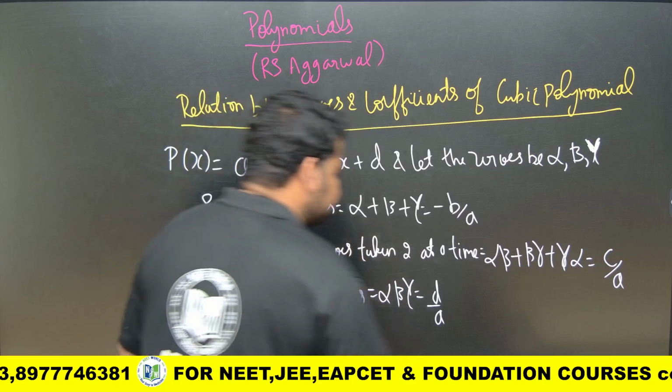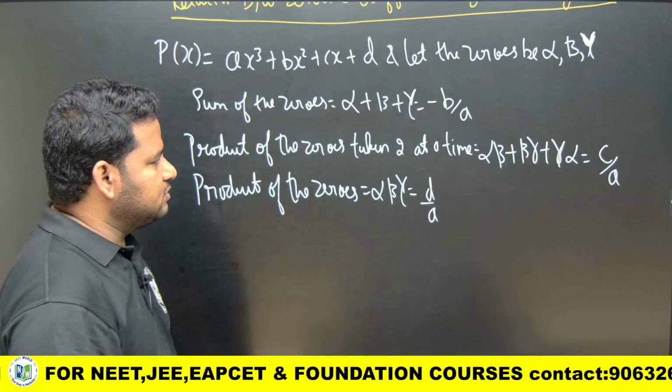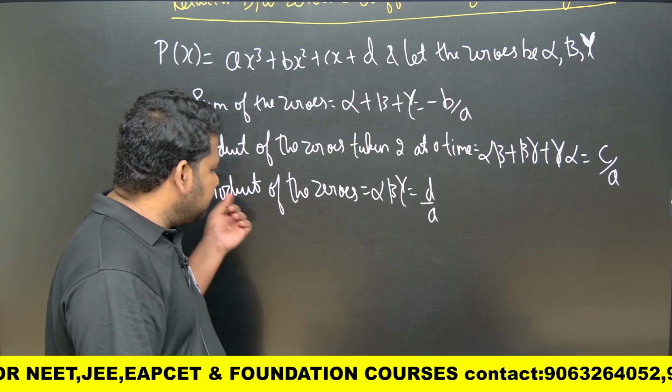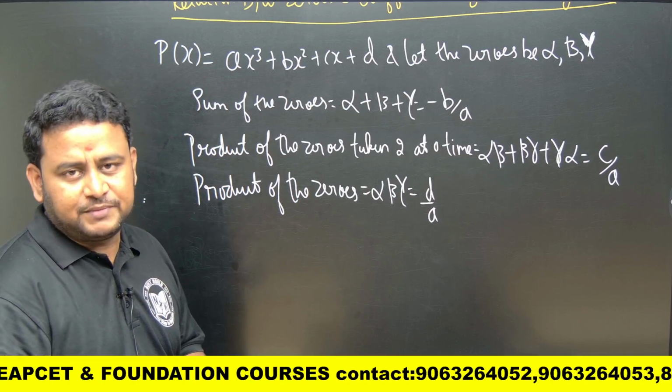Now, suppose they have given the sum of the zeros, the product of the zeros taken two at a time, and the product of the zeros, and they ask you to find a cubic polynomial, how to find it?